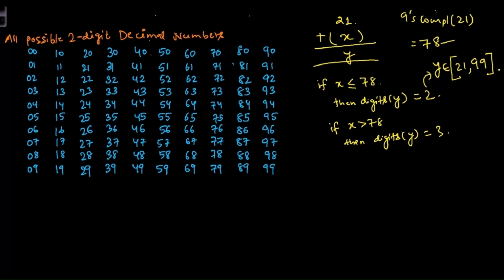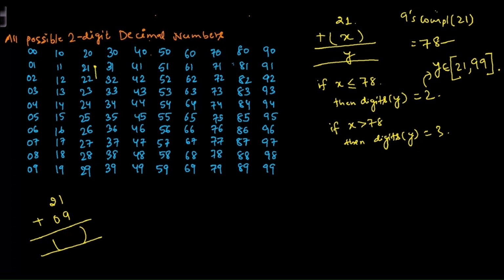Now what do we mean when we say 21 plus any number? Let's say 21 plus 9. What do we mean by that? It means that from 21 you will move 9 steps ahead. Whatever the 9th successive number after 21 would be, that would be the result of 21 plus 9.